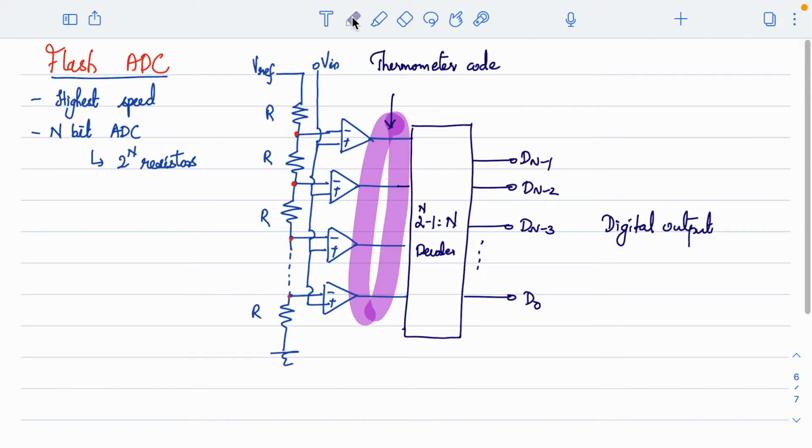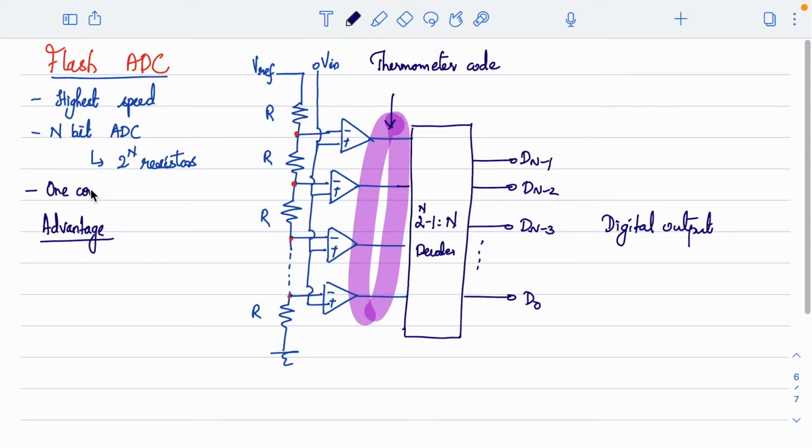Now the question comes, why flash ADC, or why is this popular? The very important advantage of this flash ADC is that in every clock pulse, this can actually generate an output digital word, because you can see that here we are using one comparator per quantization level. That also I need to mention here.